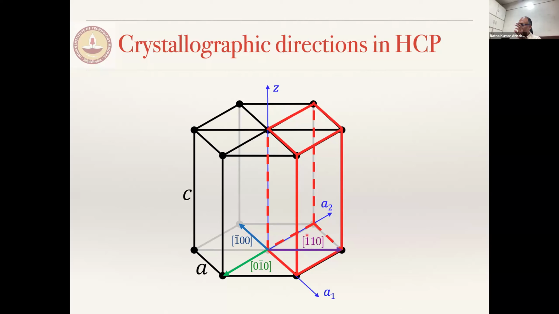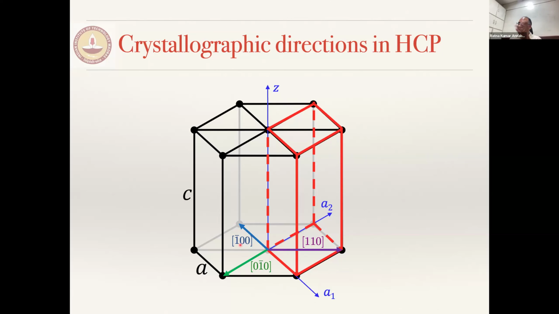But according to the previous discussion, on this hexagonal plane, when you are moving from here to here, you will feel some force field. You will feel exactly the same force field when you are moving from here to here. That means this direction should be equivalent to this direction, isn't it? If it is an equivalent direction, then the indices should only be permutations of this.